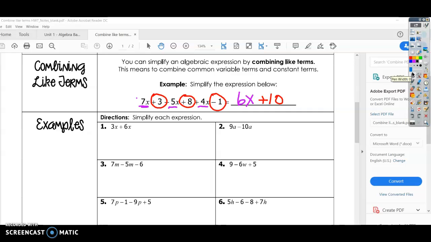All right, so examples here. Simplify each expression. Example 1 has 3x plus 6x. If you have 3 pencils and you add that with 6 pencils, then you have 9 pencils. So here we have 3 x's and 6 x's, so we have 9 x's.